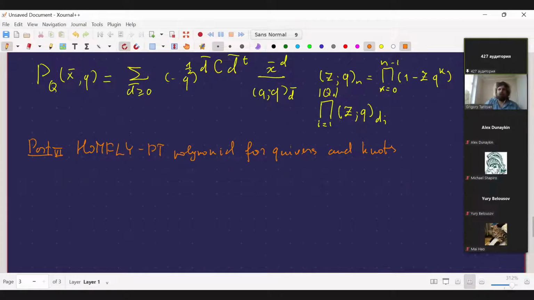Okay, so the usual HOMFLY-PT polynomial of a knot can be computed via the following skein relations.